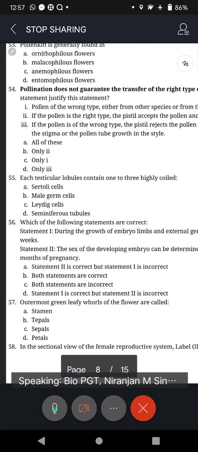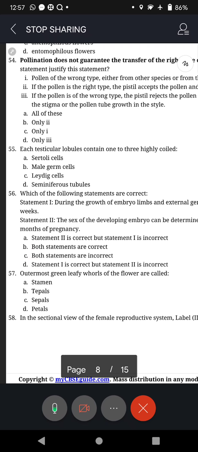Because already when you are drawing that male reproductive system, testicular tubules are present inside the testis. Each testicular lobule contains 1 to 3 highly coiled seminiferous tubules. So, seminiferous tubules contain two types of cells, male germ cells and Sertoli cells, isn't it?